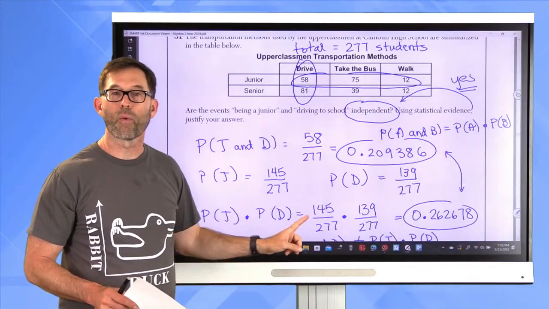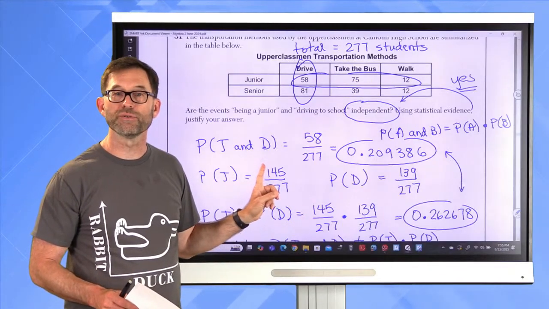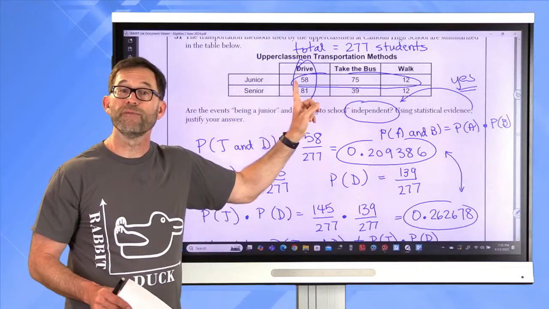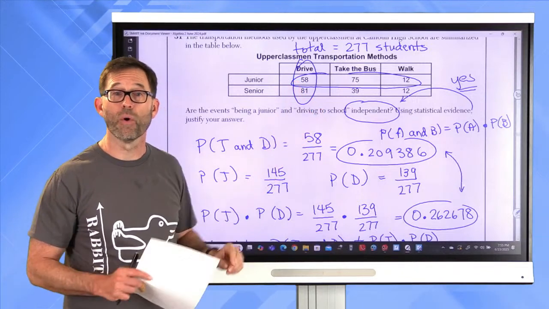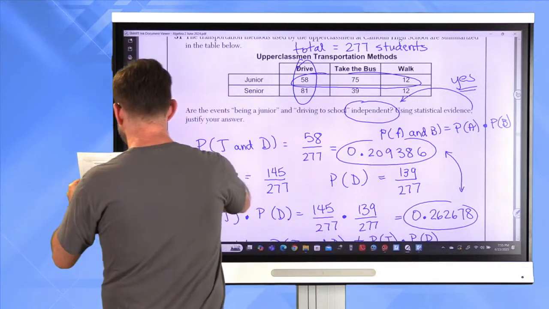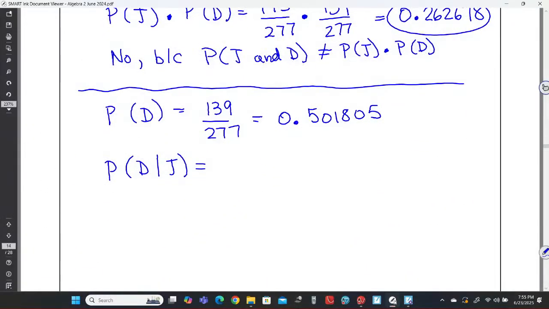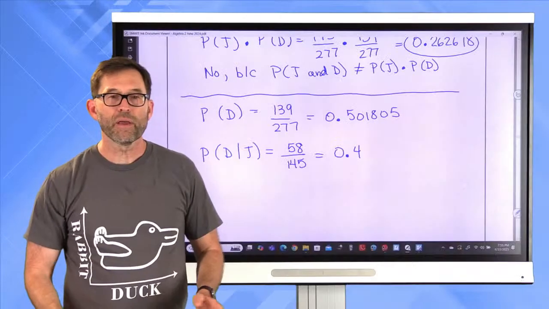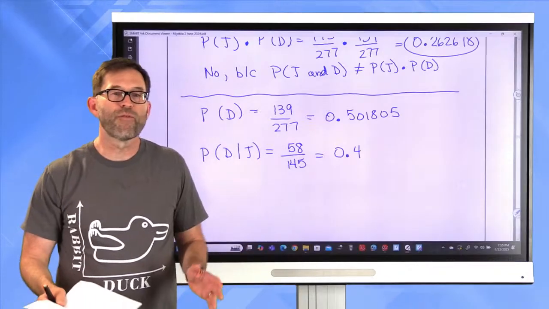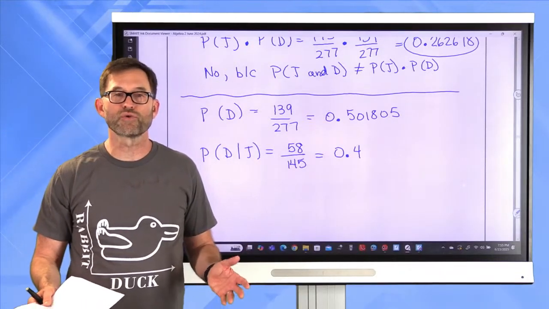And remember, there are 145 juniors, and there are 58 of them that drive to school. So what we would do in that situation is 58 divided by 145, which is exactly 0.4. That's convenient. And now think about that. That means that only 40% of all the juniors drive to school.